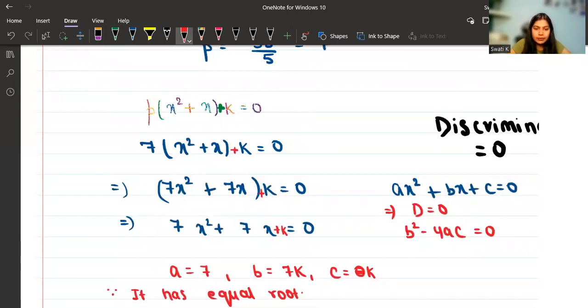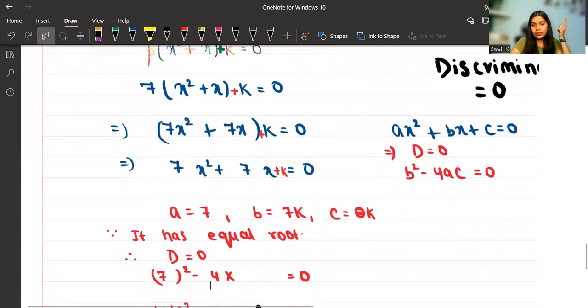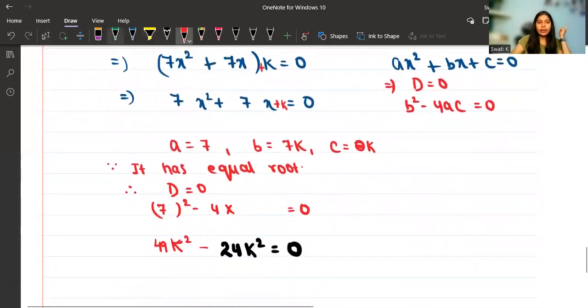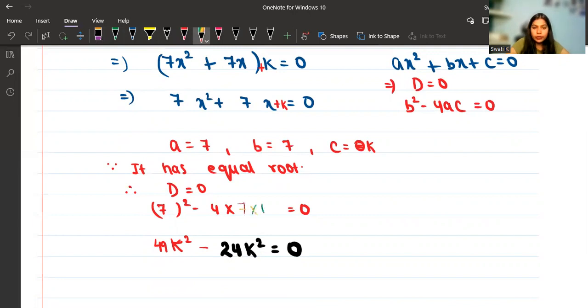That means 7x squared plus 7x plus k. Now this is fine. Now A is of course 7, B is 7 of course, not 7k, just 7. And C is k. Okay, now it's fine. So B square, that means 7 square minus 4AC, that means 4 into 7 into k. Now this is correct. Finally, we are at the correct answer.